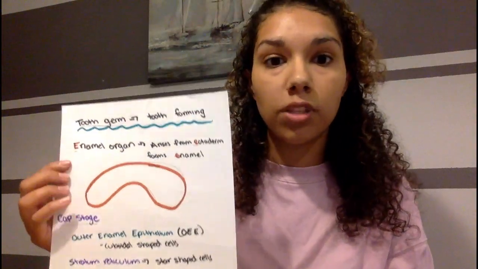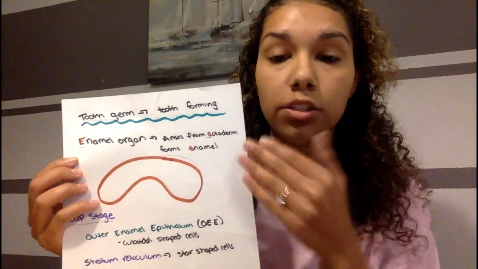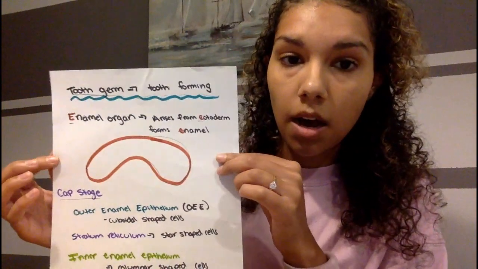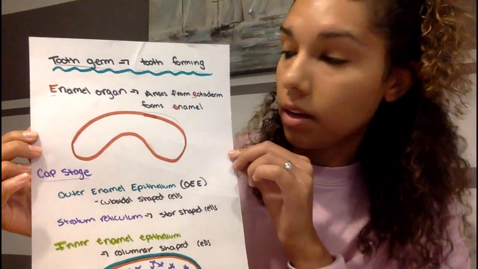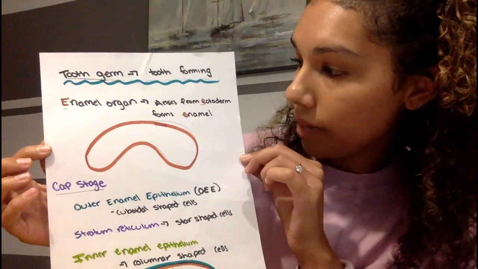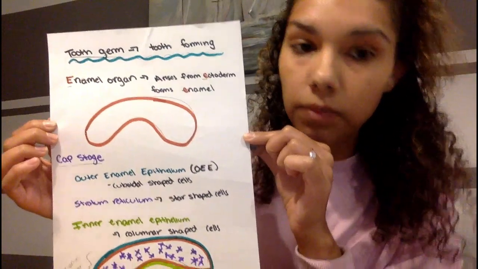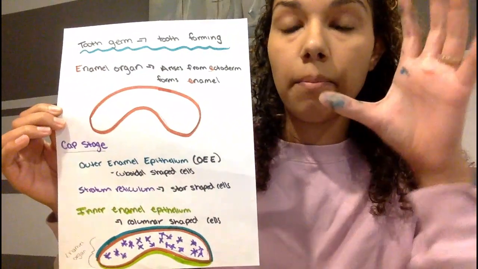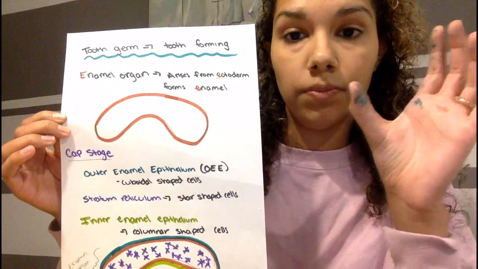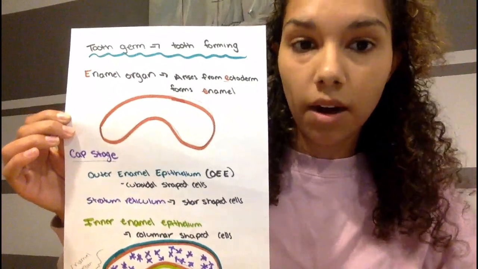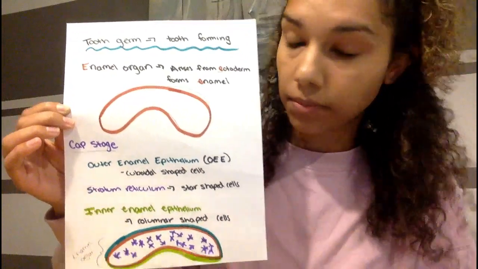Okay, so the whole unit of the tooth developing in utero is the tooth germ. We start with the enamel organ, which arises from ectoderm and forms the enamel. As the bud develops more as the days go on, we get into the cap stage.